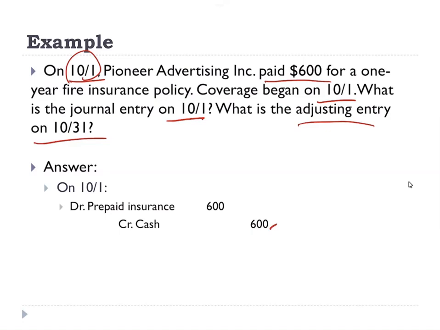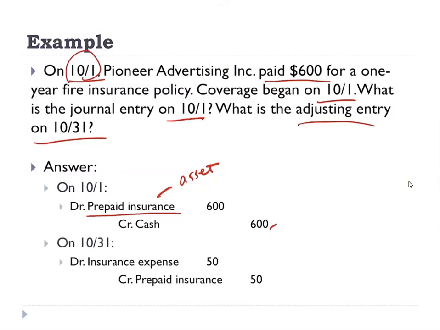So that's why we put it as an asset for the firm. Prepaid insurance, that is one kind of asset. So this represents the firm's right to enjoy that fire insurance policy in the next 1 year. We debit prepaid insurance for 600 and credit cash 600.